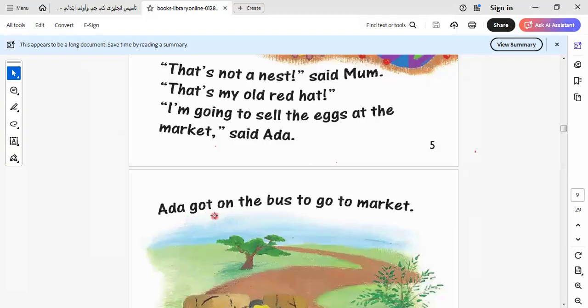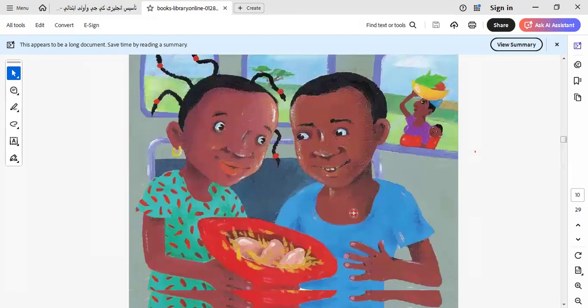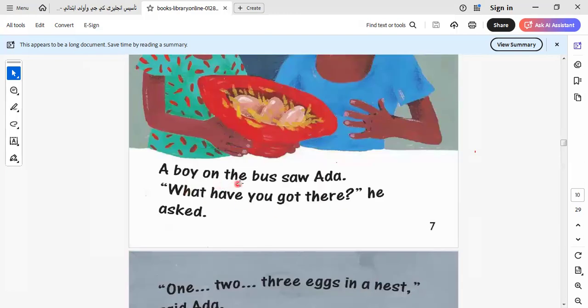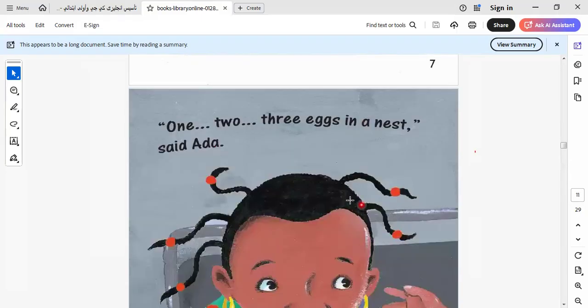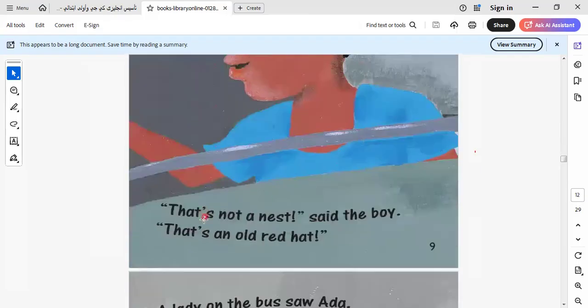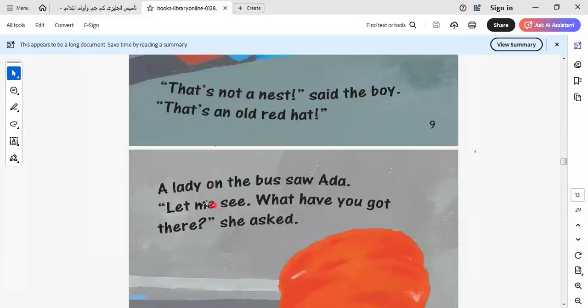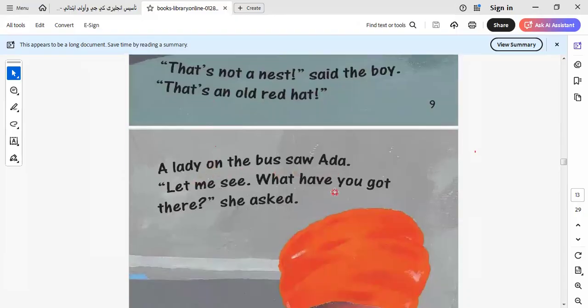Ada got on the bus to go to the market. A boy on the bus saw Ada. What have you got there? He asked. 1, 2, 3 eggs in a nest, said Ada. That is not a nest, said the boy. That is an old red hat. A lady on the bus saw Ada.